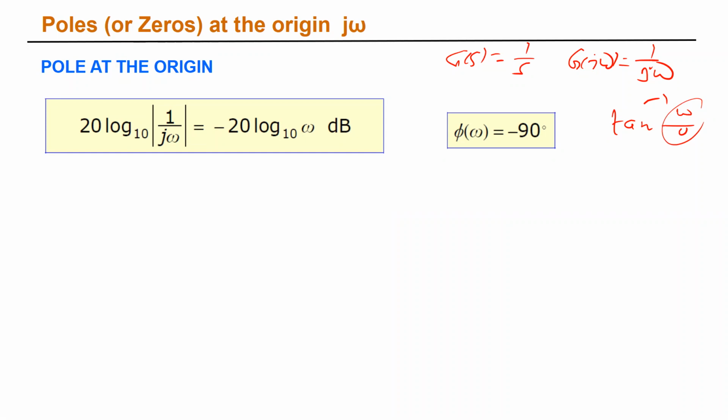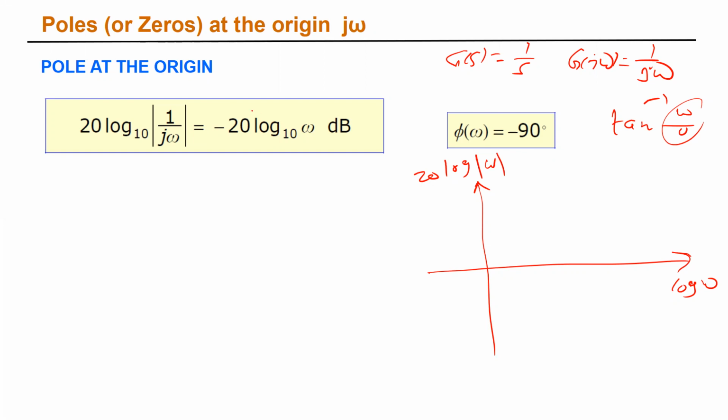If I want to sketch it on semi-log graph paper, this is log omega, and this is 20 log of omega. What does this relation represent? I'm using the logarithmic scale.